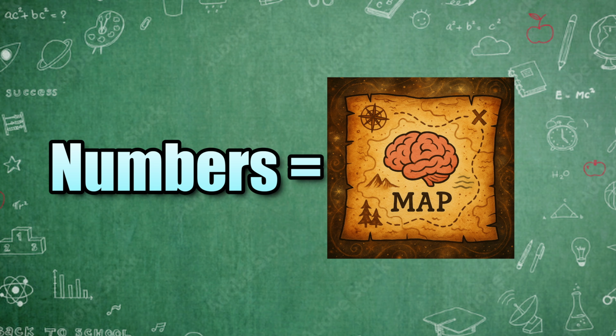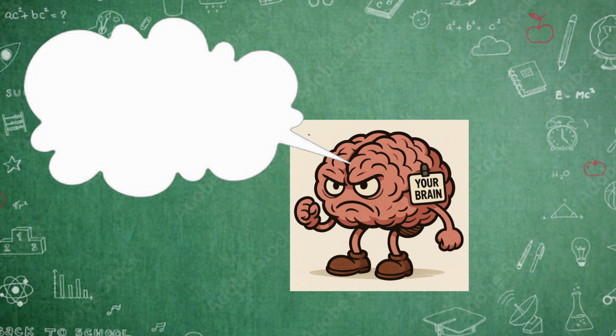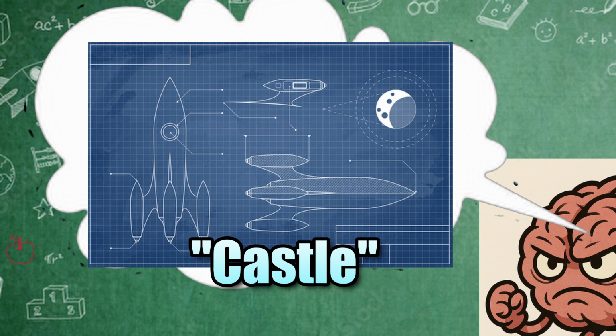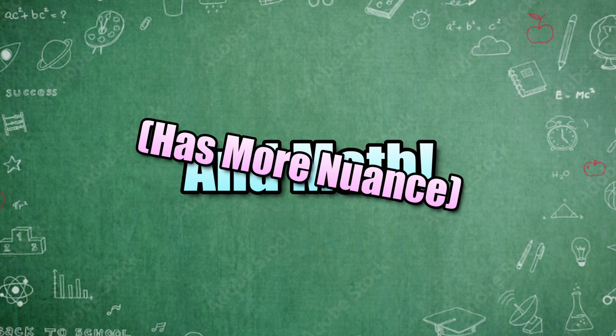Now, remember when I said that numbers are kind of like this internal map of your brain? Because if you have an idea within your brain, like you wanted to build a castle, the only way for you to get the idea and the design of the castle out of your head is through one of two mechanics. There is geometry, which is what humans used for a very long time, and then there is mathematics, which is more nuanced.